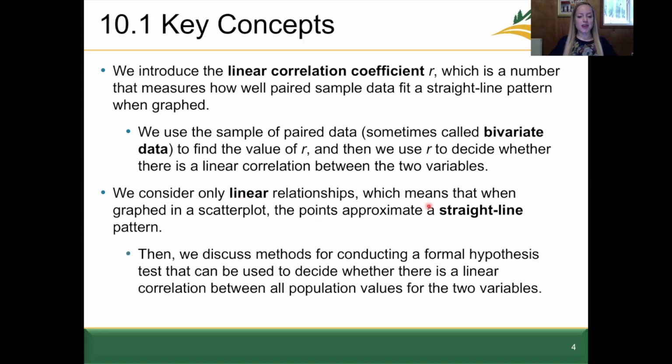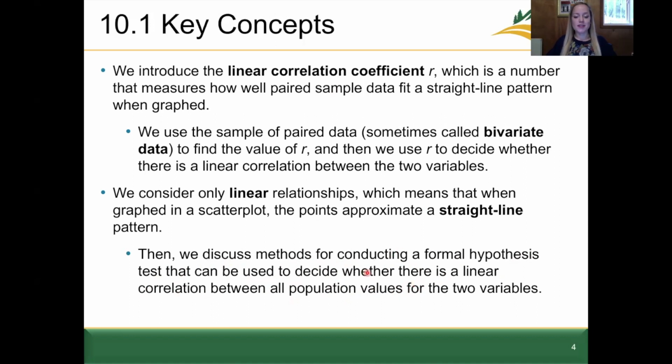Then, as we saw in chapter 8, we talked about conducting formal hypothesis tests. So towards the end of 10.1, we'll tie in what we learned in chapter 8, specifically to linear correlations. What we'll do is learn how to conduct a formal hypothesis test that can be used to decide whether there is a linear correlation between all population values for those 2 variables.